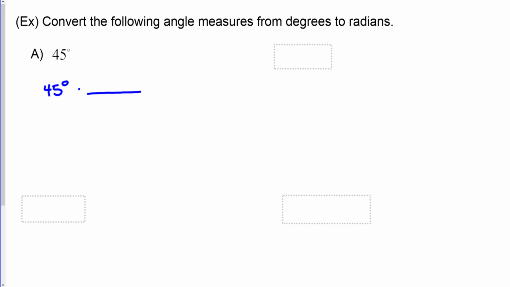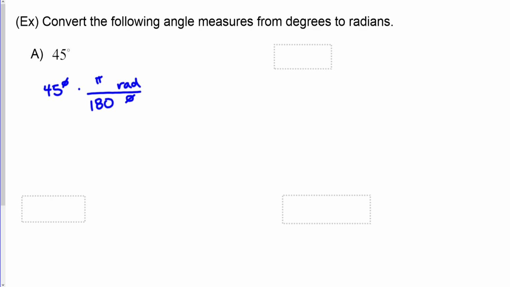So if I want the degrees to cancel out, I need to have degrees in the denominator so that this degree measure will cancel. In order for that to happen, I would need degrees in the denominator, radians in the numerator. So I know that there are pi radians in 180 degrees. So the only unit that's left is radians, which means all I need to do is just reduce this fraction, and that's going to tell me what the equivalent angle measure is in radians.